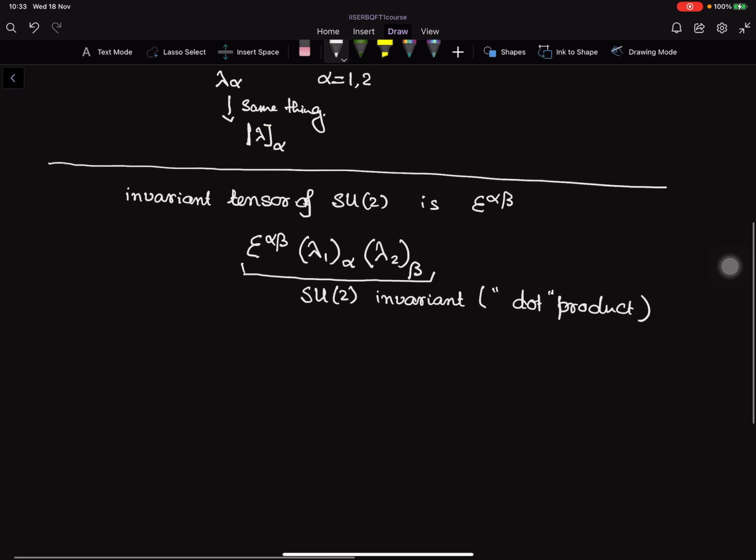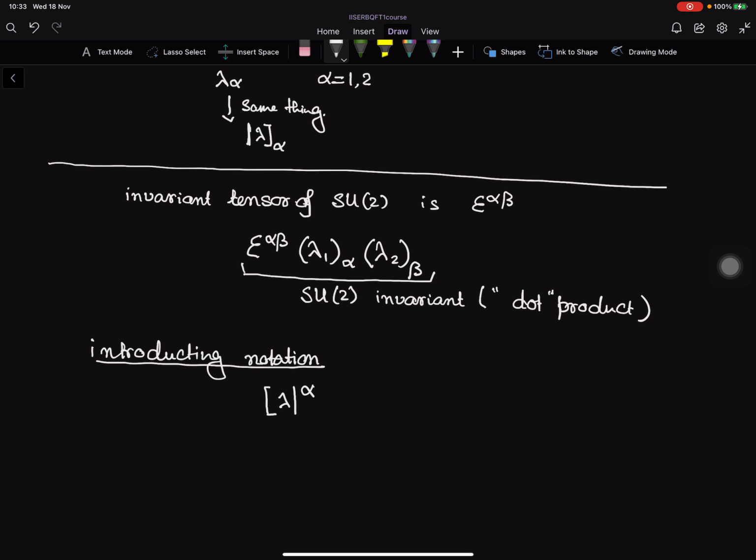Here also we will introduce a bit of notation. First we define lambda alpha, which is the same as lambda upper alpha, which is the same as epsilon alpha beta lambda beta. We can use these to raise and lower indices.